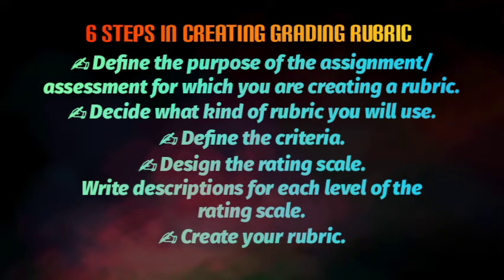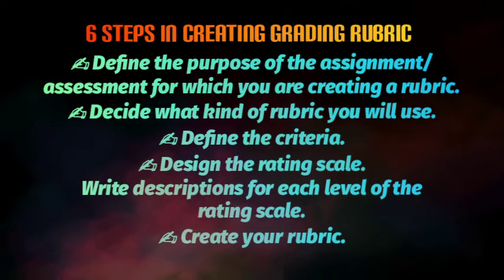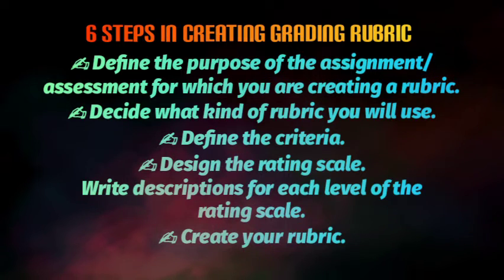The fourth step is design the rating scale. Most rating scales include 3 to 5 levels. In designing the rating scale, you need to consider what students are able to demonstrate in this assignment or assessment, like what are the possible levels of achievement.